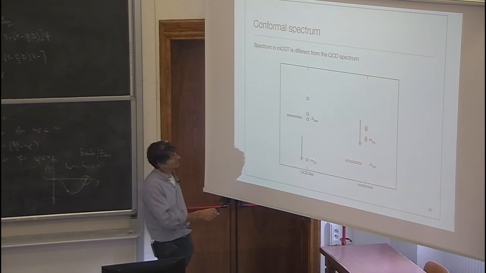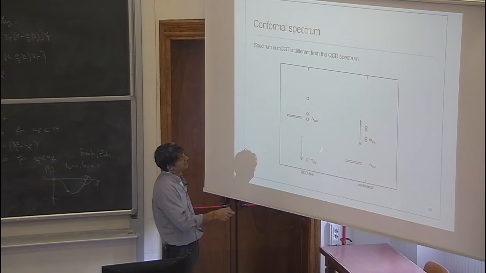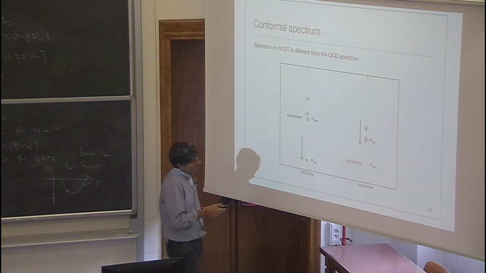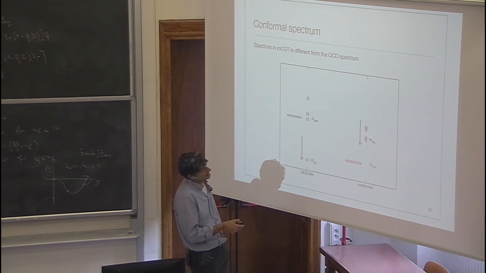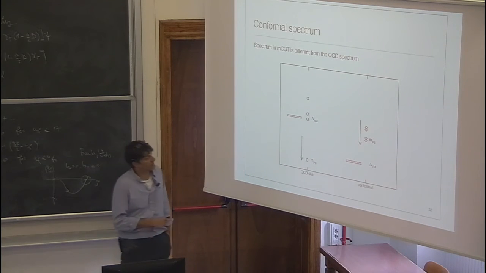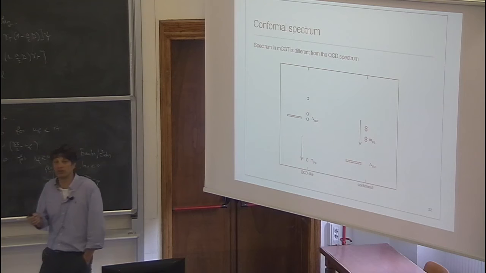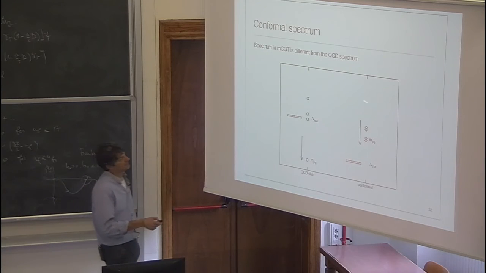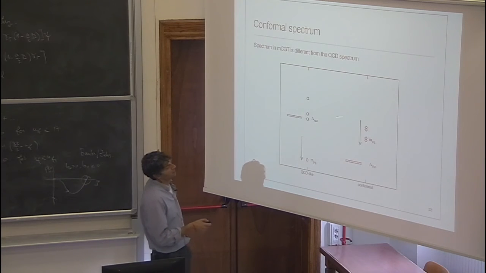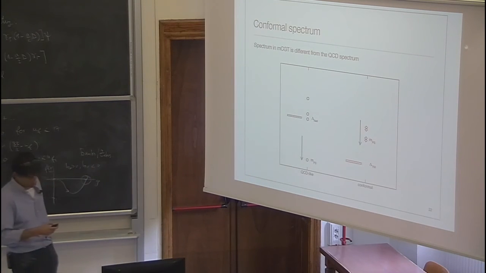So while in a QCD-like theory you have a spectrum that is dictated by axial symmetry, in an infrared conformal theory you have a spectrum which is dictated by conformal invariance, by scale invariance. So in principle, by studying the spectrum of the theory, you should be able to distinguish the two cases.